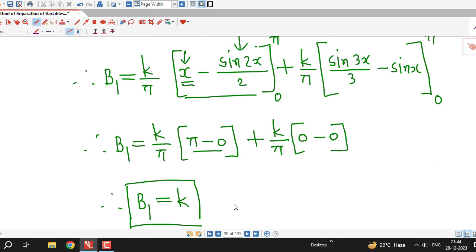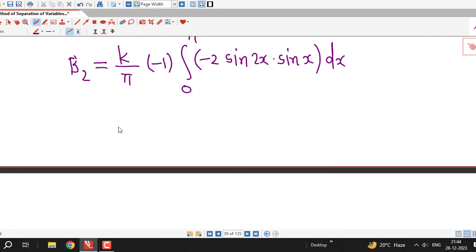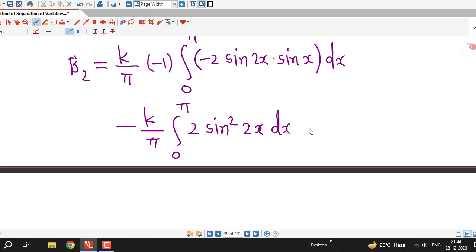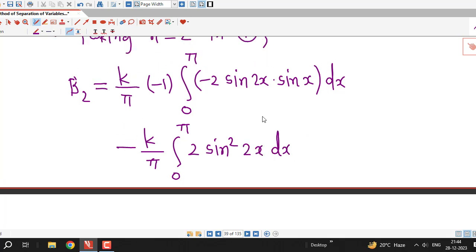So here I am writing minus k by pi integral from 0 to pi, 2 times sin square 2x integral with respect to x. Here I will use that formula, minus 2 sin sin is cos minus cos. So cosine of 2x plus x, that is 3x, and minus cosine of 2x minus x, that is cos x.